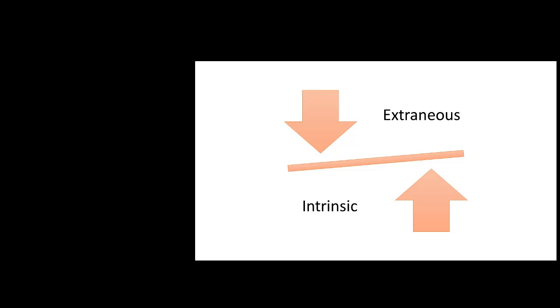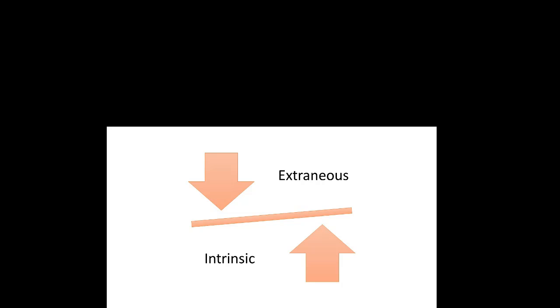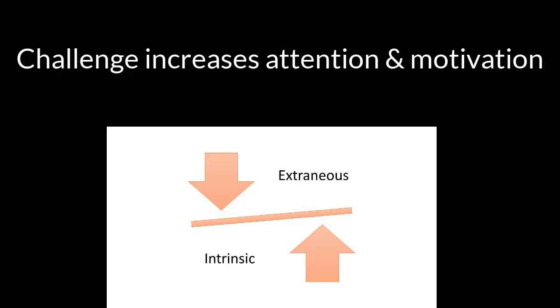Balancing the load to find the best balance for what Clark calls a productive load is optimal. The optimal cognitive load creates just enough challenge for the learners, which increases their attention and motivation to learn, but doesn't go so far as to create too much extraneous load, causing frustration or overwhelming them.